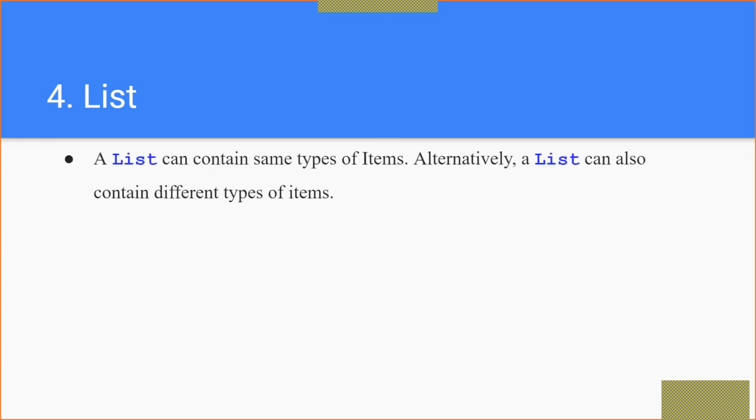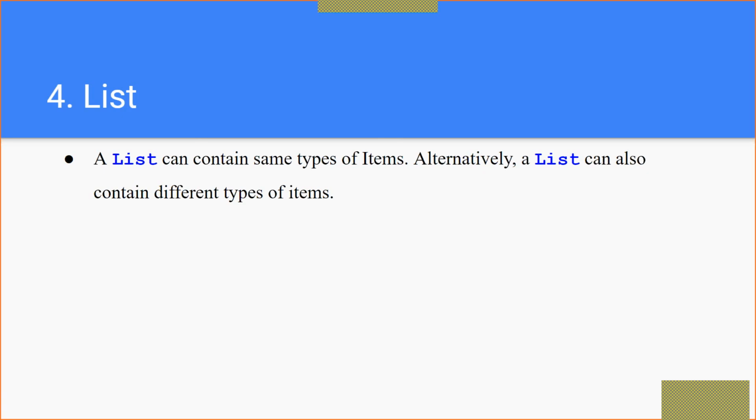Now see, when we look at the list, the list is again similar. A list can contain the same types of atoms, like an array, but alternatively a list can also contain different types of atoms.